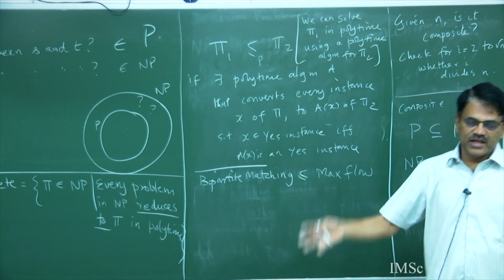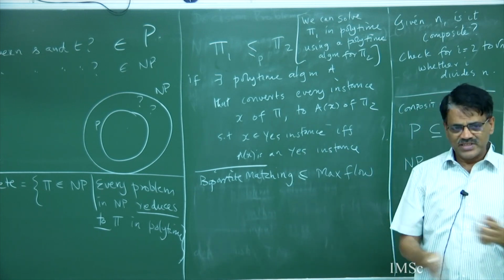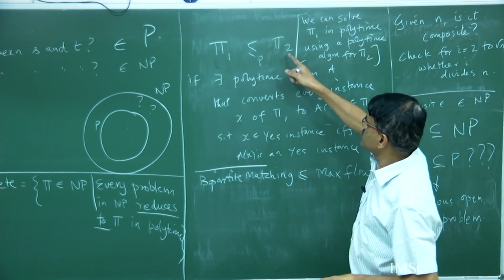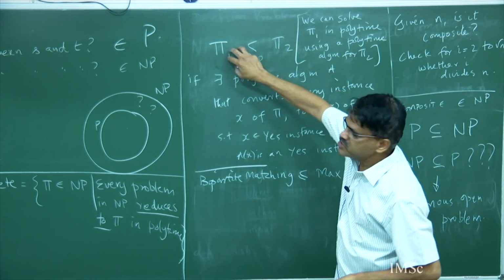Based on the answer I get, I get an answer for my max bipartite matching. This is exactly what reducing means, right? That pi 1 reduces to pi 2 means I can use an algorithm for this to solve this.